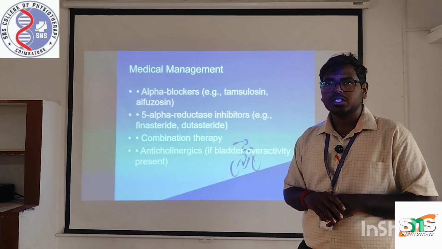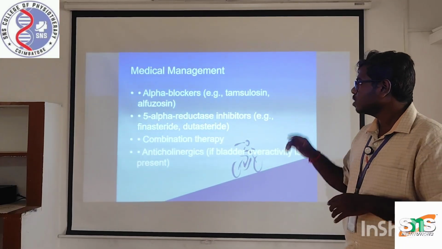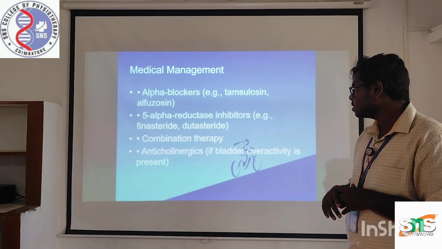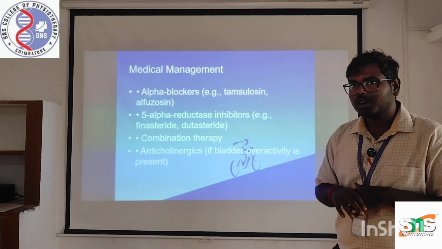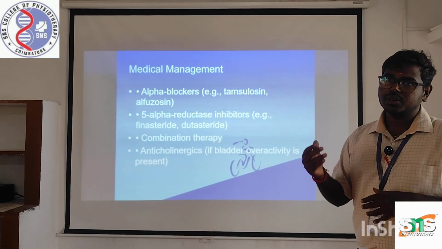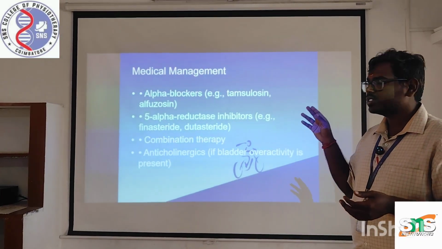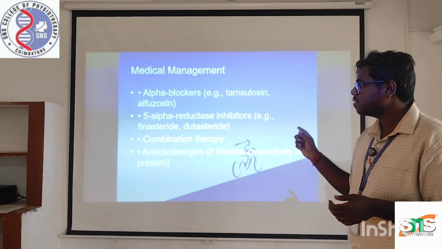Medical management. The first one is alpha blockers. Beta blockers are common drugs used in treating cardiac patients. Likewise, in patients with urinary flow problems, the main drug prescribed is alpha blockers.